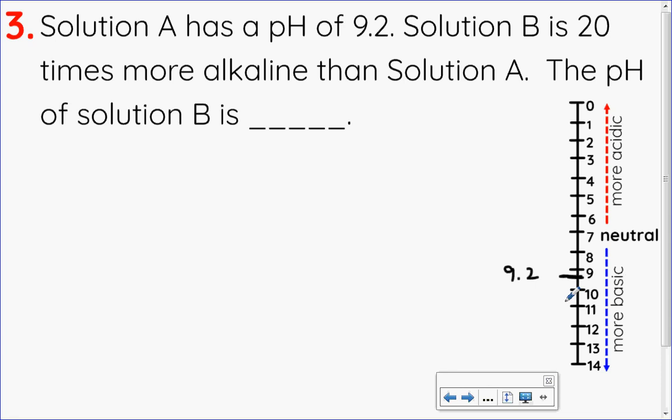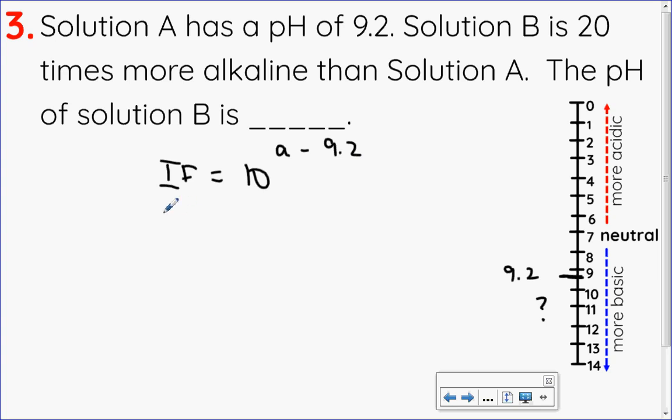So I know that my new one is going to be somewhere down here because it's more alkaline. Now it is 20 times more alkaline, which is my intensity factor. So my intensity factor is going to be 10 to the more alkaline pH, subtract the original pH of 9.2. So I know that when I'm solving for this, the number will be greater than 9.2.